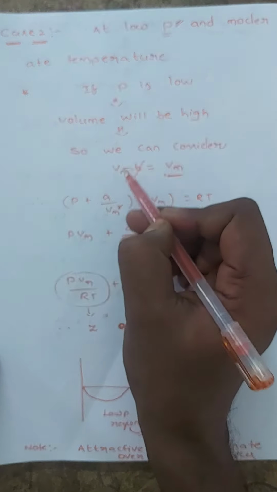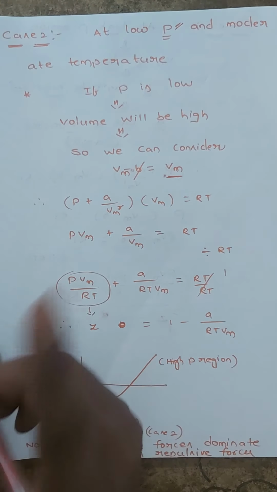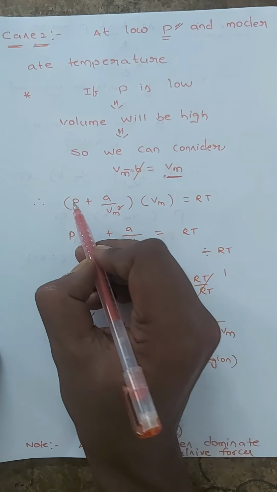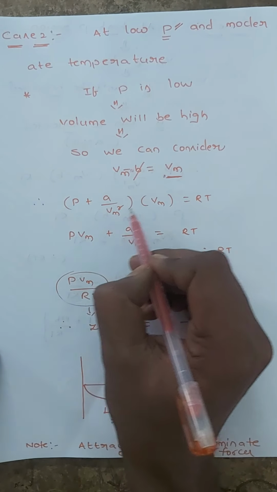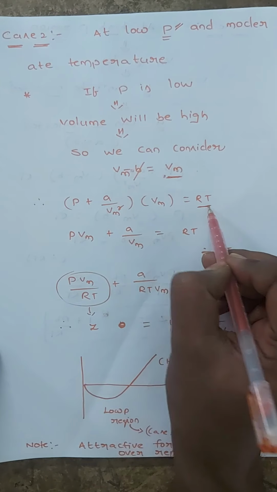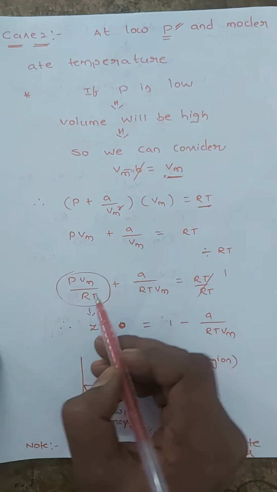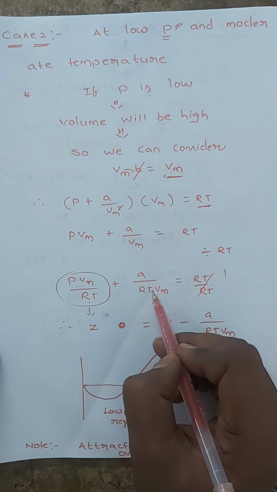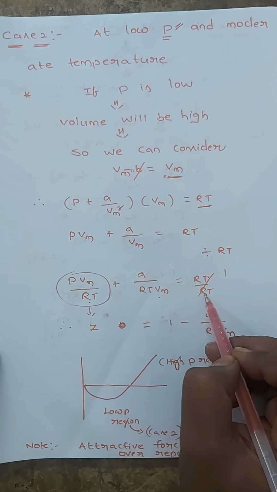Since molar volume is high, we can neglect b. But we should not neglect the a value. So here we got (P plus a by Vm squared) into Vm is equal to RT.